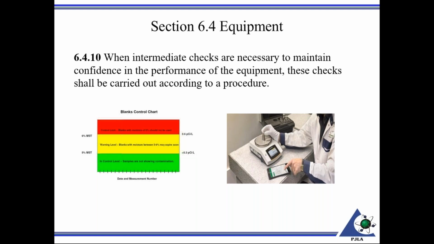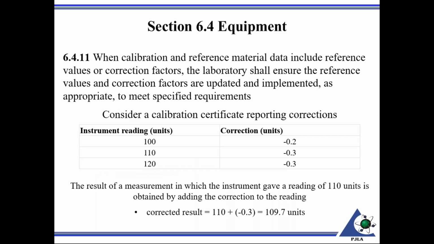Over on the right there, perhaps weekly, daily checks of your analytical balances with test weights would be an example of intermediate checks. Those folks moving balances around or perhaps taking them on site at the customer location, that is something that should be done prior to performing the test or calibration.